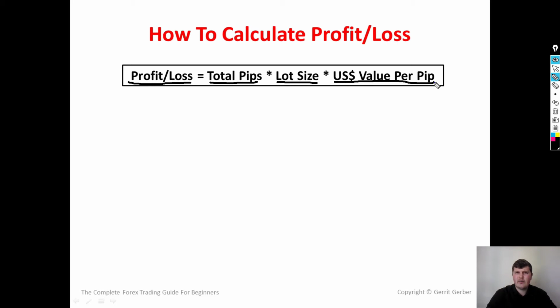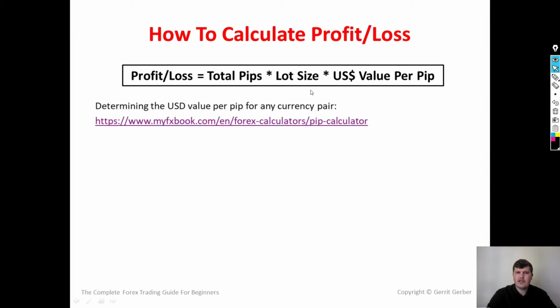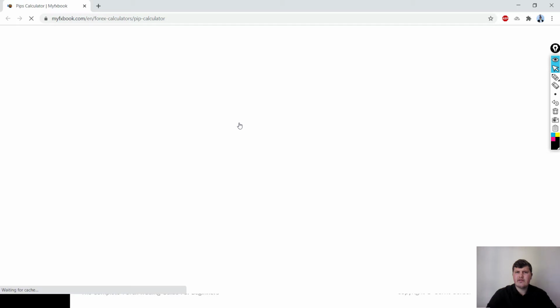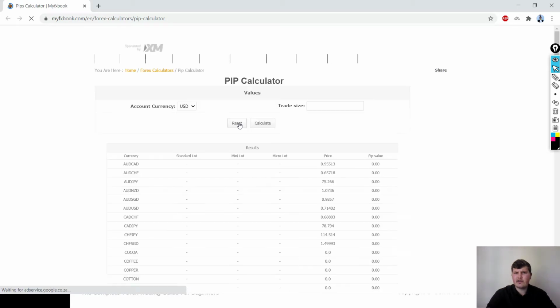And the dollar value per pip just represents the change in dollars for every pip movement of a specific currency pair. And to determine the dollar value per pip, we are going to be using this My FX Book website, and we are going to be using the specific pip calculator tool to determine the dollar value for any given currency pair that you guys would like to trade.